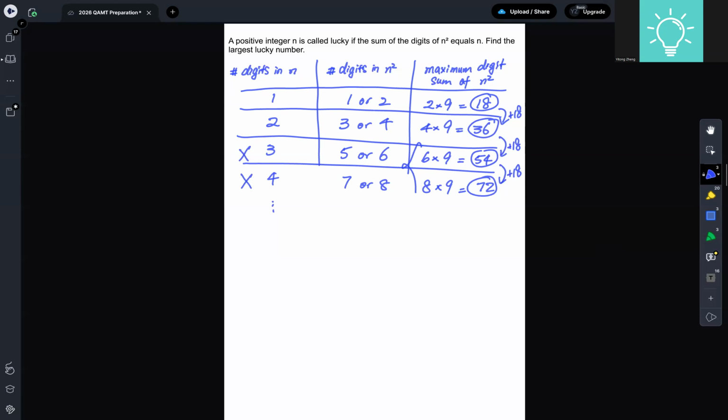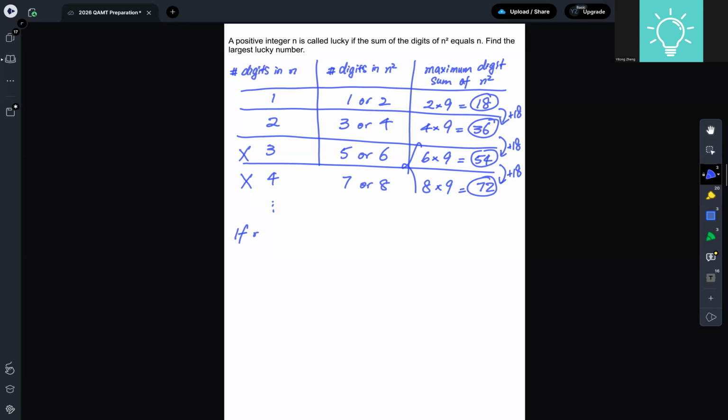You can see that n is growing a lot faster than the maximum digit sum of n squared, because an exponential function grows faster than a linear function. So all of this is not going to work, which means n cannot have more than 2 digits.